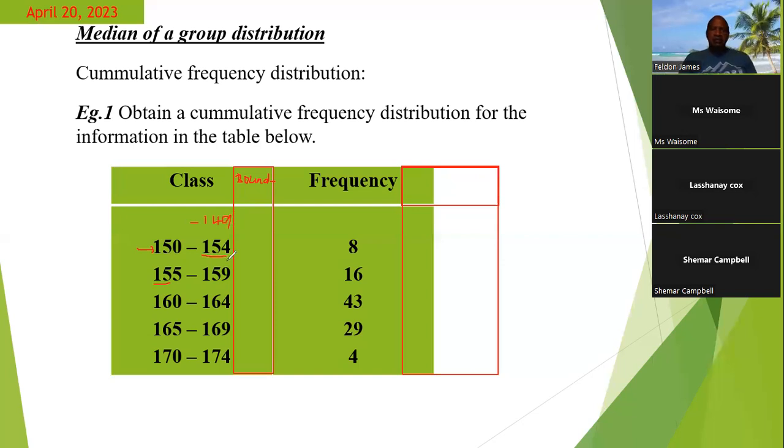All right, so once you find that number before this, the upper limit of that class that we didn't have, you only need that number to find all the boundary values for the cumulative frequency.